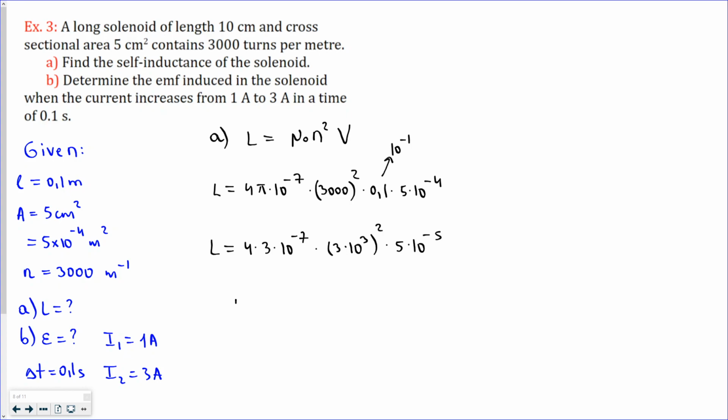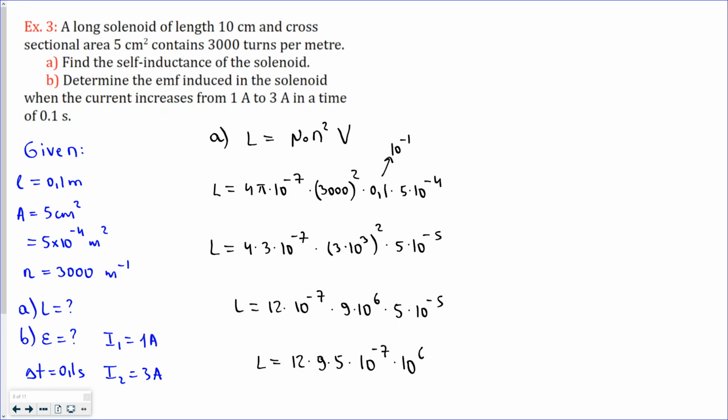Okay, what we have? 12 times 10 to the minus 7 times 9 times 10 to the power 6 times 5 times 10 to the minus 5. I'm going to write the numbers first and then the powers.